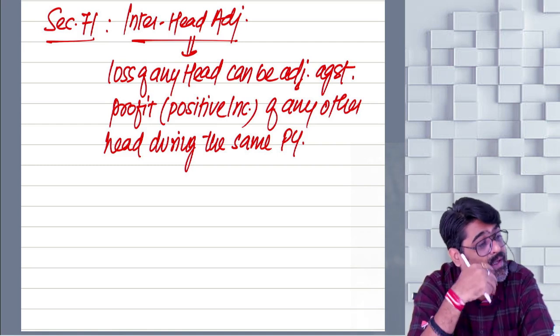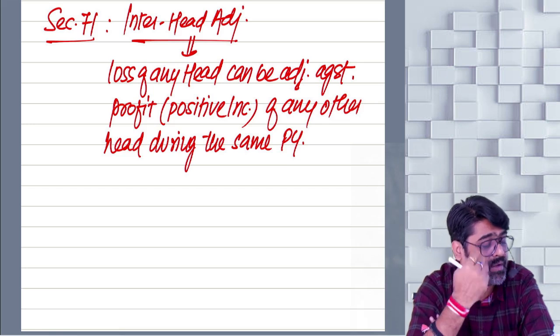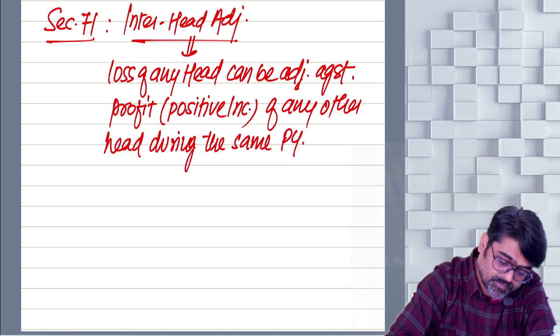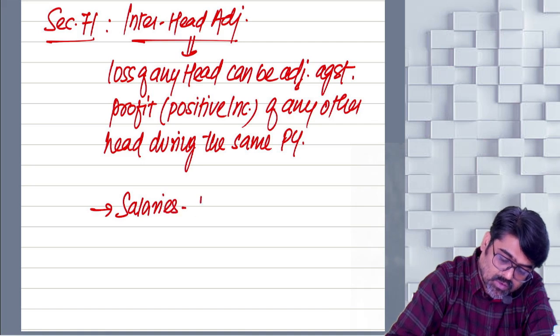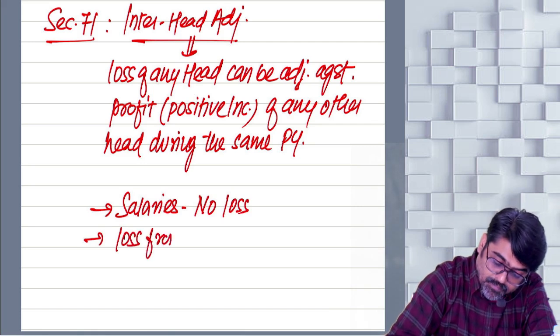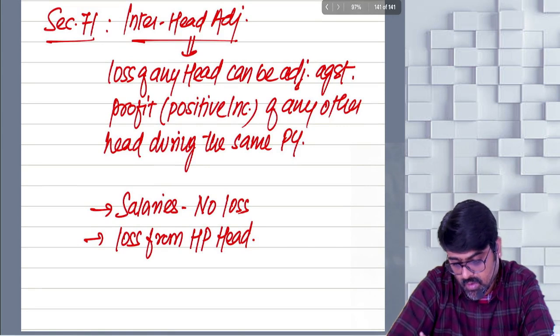You're talking about which head? Salary head. Salary will have no loss. So first head is salaries. Salaries will have any loss or no loss? No loss. Can you have loss from house property head? Yes or no?